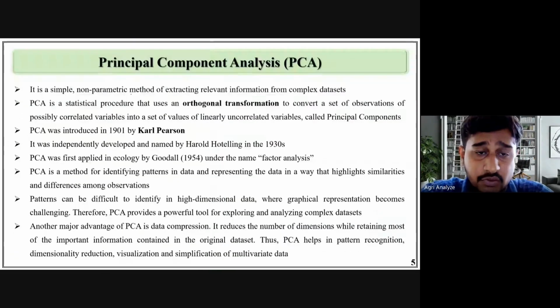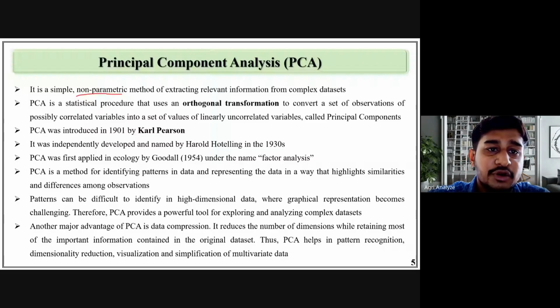So let's see what PCA is and who gave this technique. It is a simple non-parametric method. Why non-parametric? Because principal component analysis does not require any assumptions like normality or other assumptions which are required for other techniques.